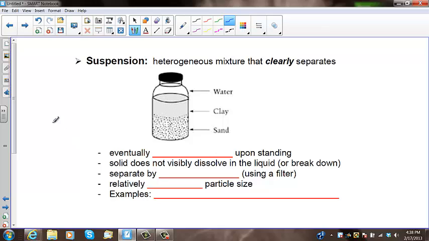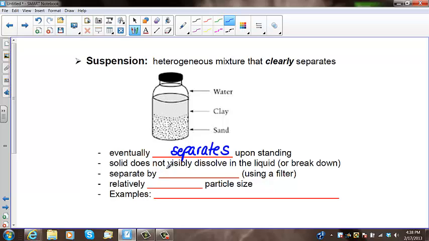A suspension is a heterogeneous mixture that clearly separates. So here, if I shook this bottle up, it was a mixture of water, clay, and sand. Eventually it separates upon standing. The solid does not visibly dissolve in the liquid or break down.